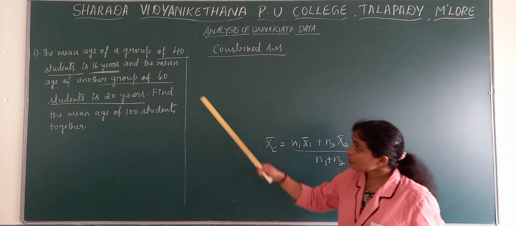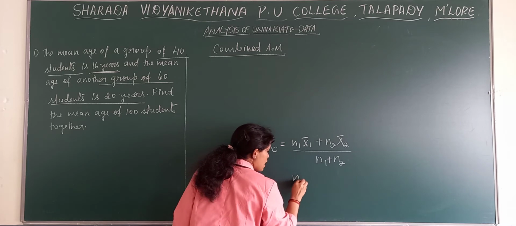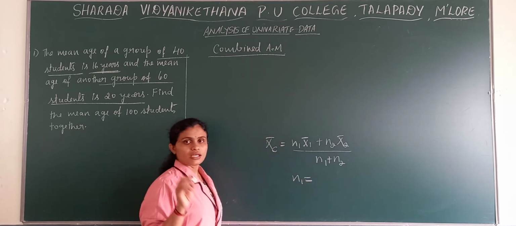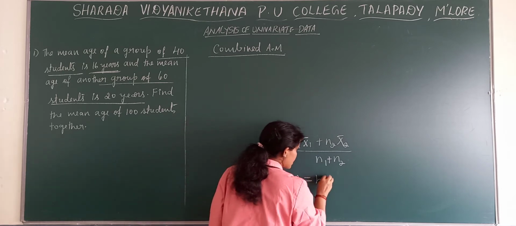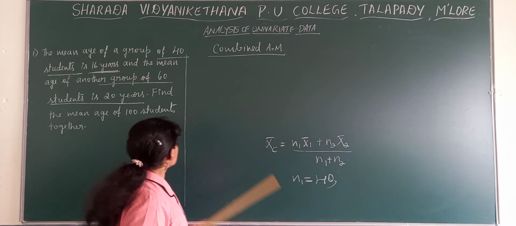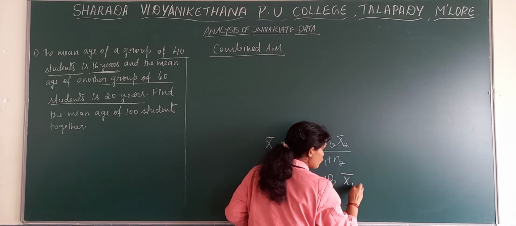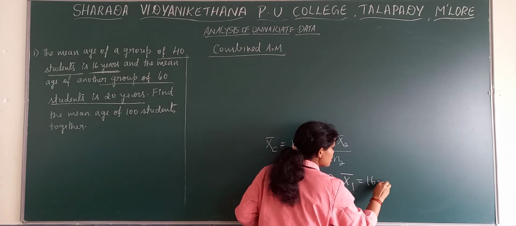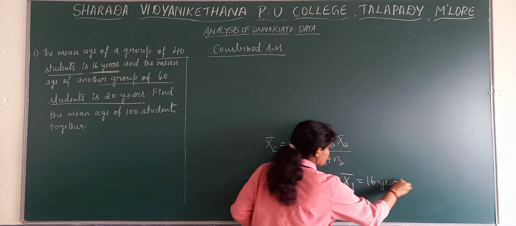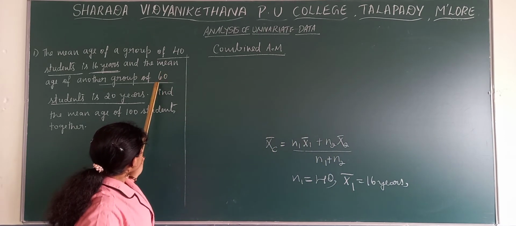Now we can see the group of 40. That is the number of observations of the first series, 40. That 40 students' mean age is 16 years, that is x bar 1, the mean of the first series.